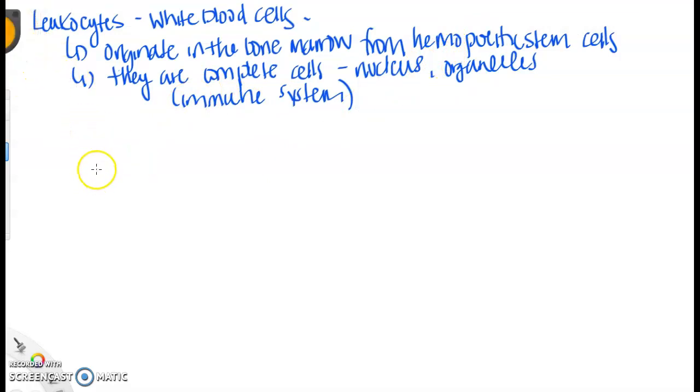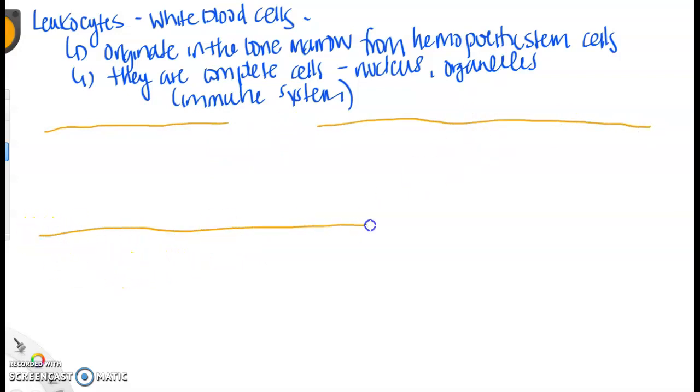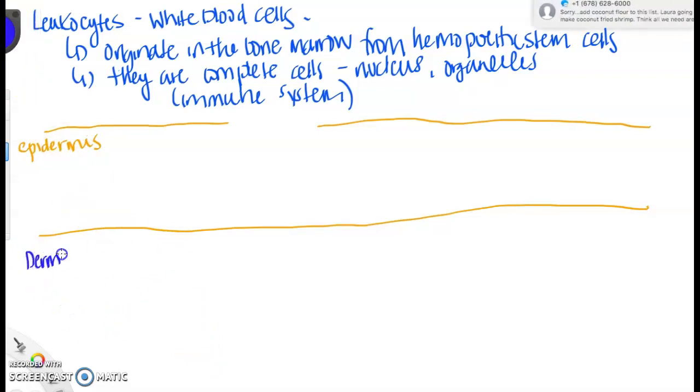the skin, for instance, so this is the top layer of the skin. Here's that top layer. I think you know that this would be the epidermis. So down here, let's go ahead and put it in blue, would be the dermis.